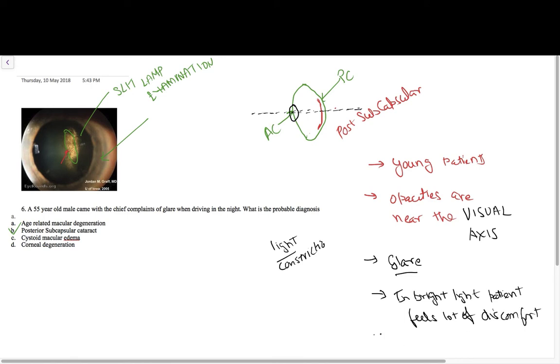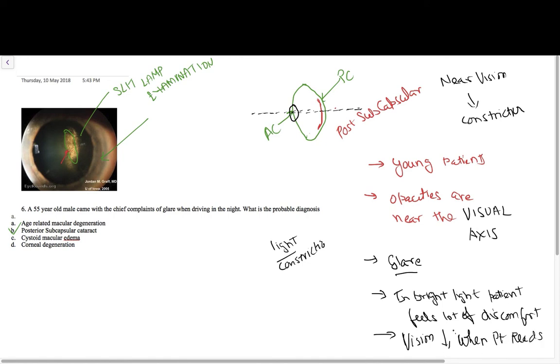Another important point here is that, as you know that during a near vision there is also constriction. So in these type of patients, the vision is down when patient reads.